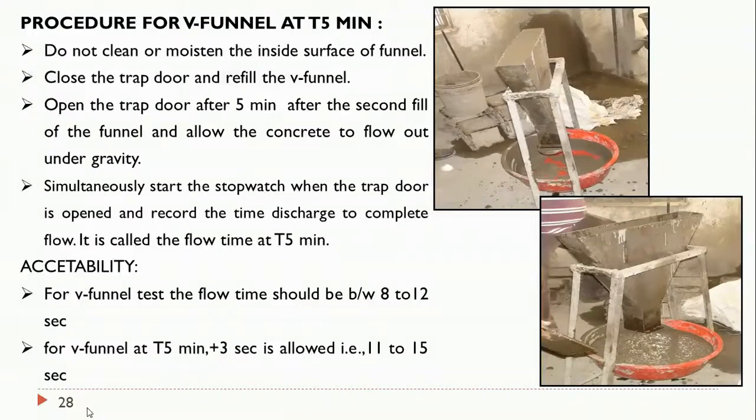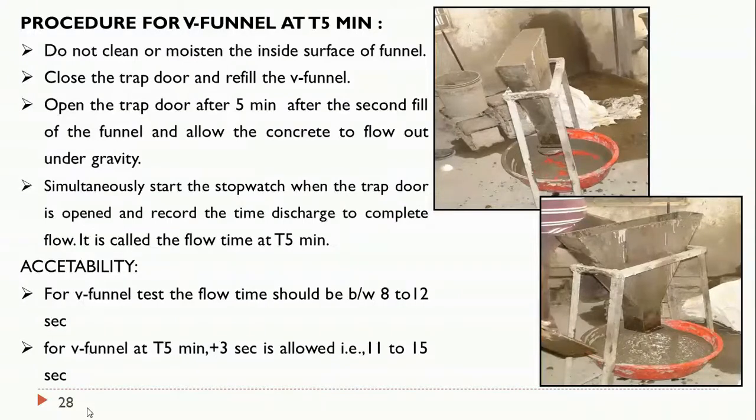Whereas for V funnel at T5 minutes, plus 3 seconds have been allowed, because the concrete has been made to settle for 5 minutes inside the V funnel. After 5 minutes, we repeat the same test once again. So plus 3 seconds have been given extra for the acceptable limit, so it should be between 11 to 15 seconds.